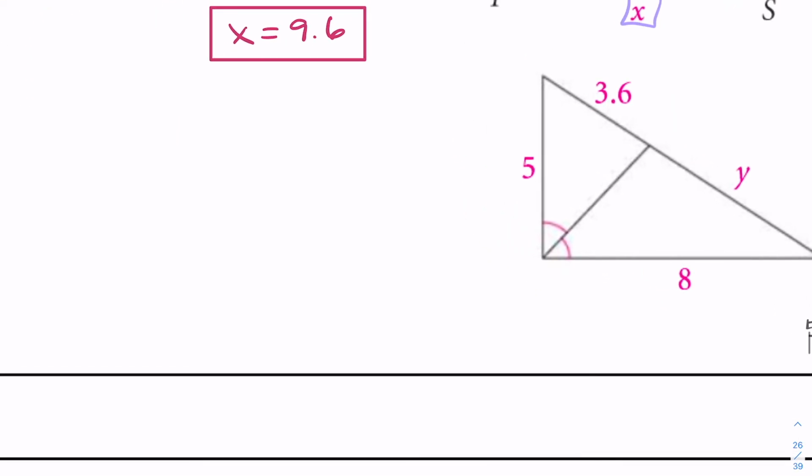All right, so I'll do 3.6 to y as 5 is to 8.